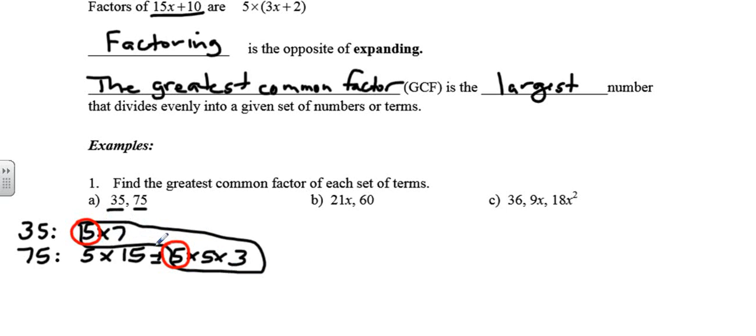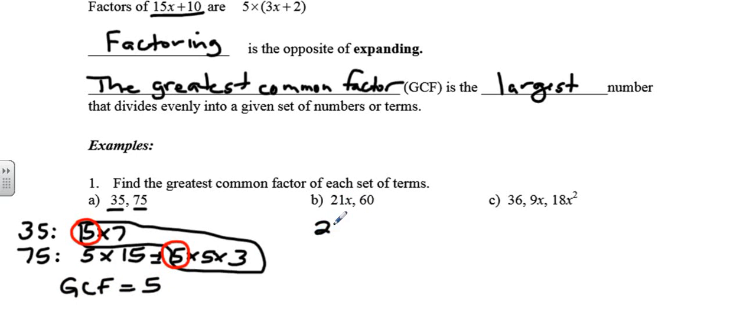But I can only do this if I've really broken everything down into its prime factors, so they don't break down any more other than to multiply by 1 or themselves. So the GCF in this case is equal to 5.